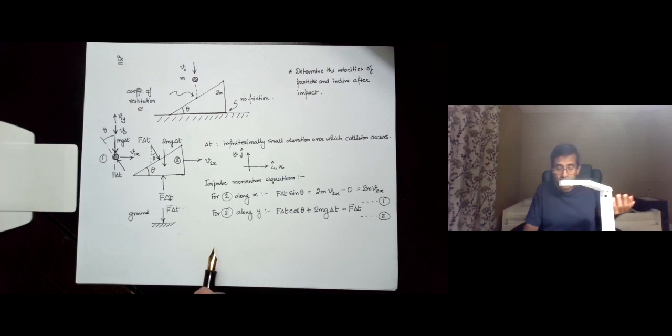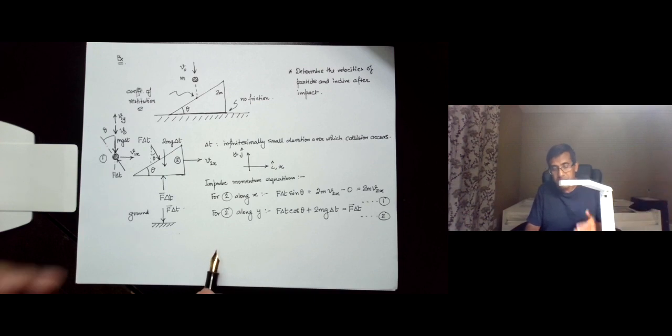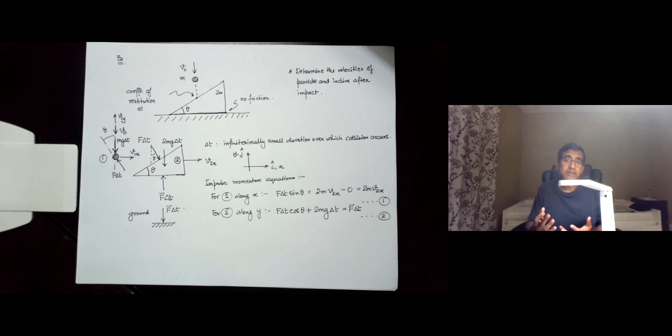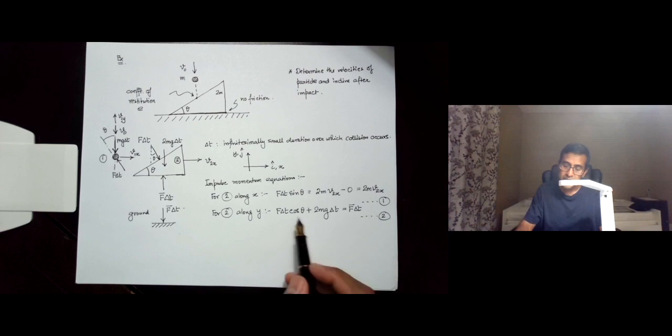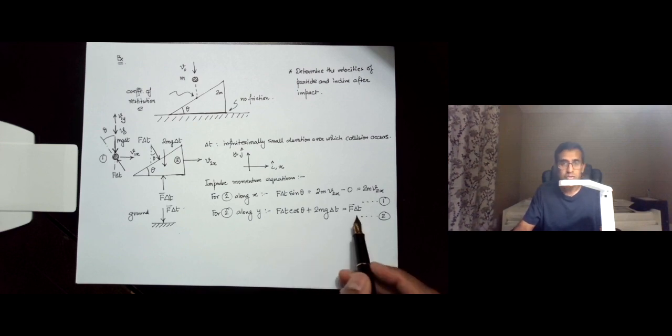Okay, and so the idea is, if I write the impulse momentum equation for the ground, I don't get any useful equation. So this is one of the peculiarities of this problem, where you have the direction of the ground with infinite inertia. It is not allowing motion in that direction, and hence when you write the impulse momentum equations, the impulses show up, but the momentum does not show up.